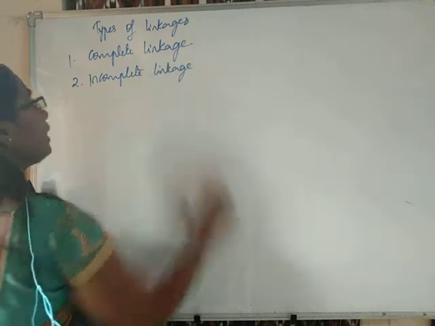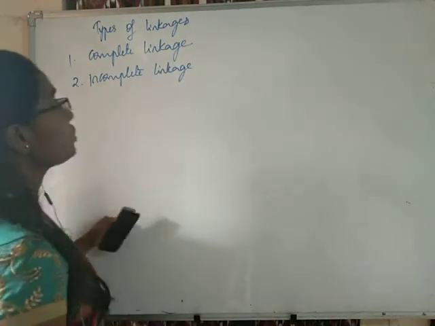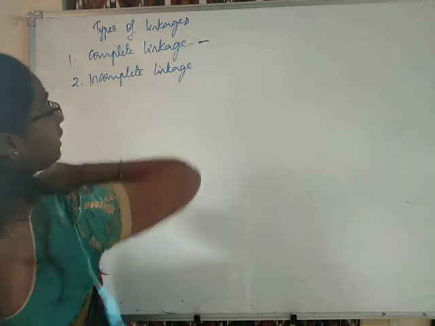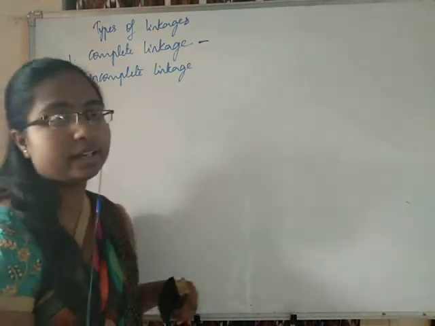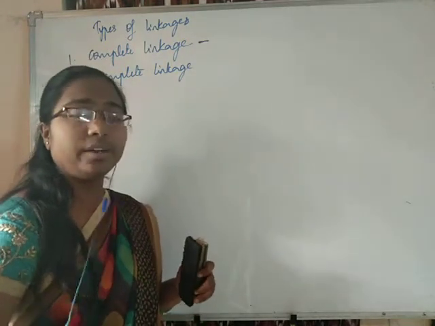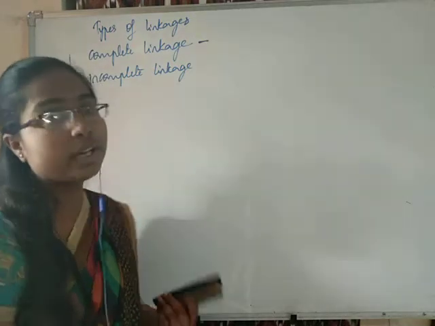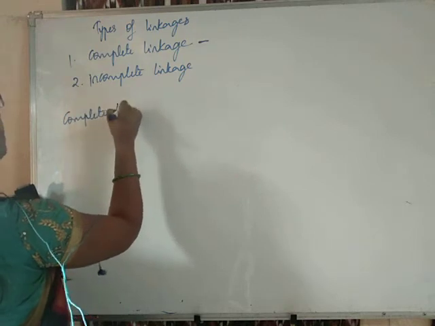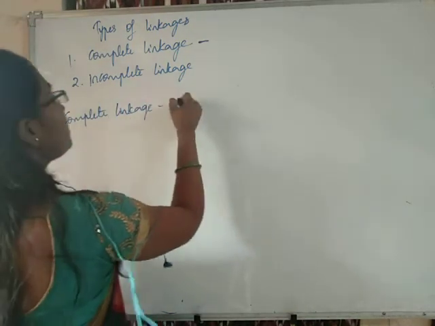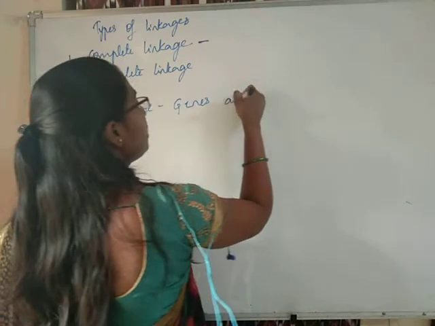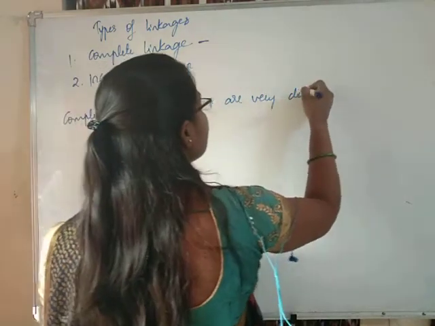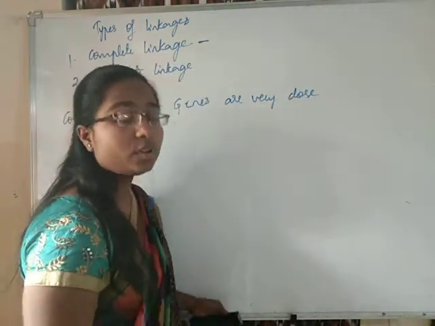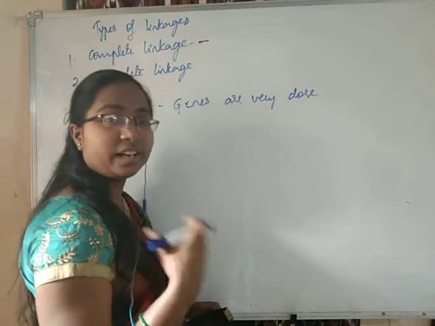In case of complete linkage, the genes are located very close to each other, so that all the time they are inherited together.